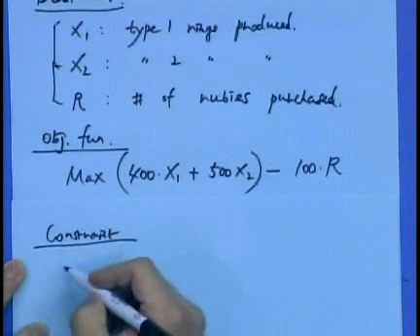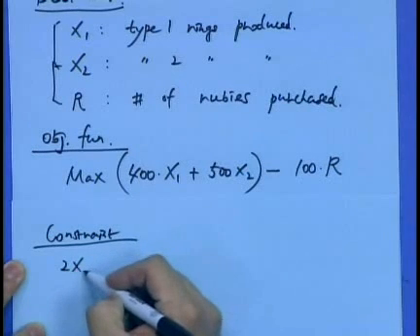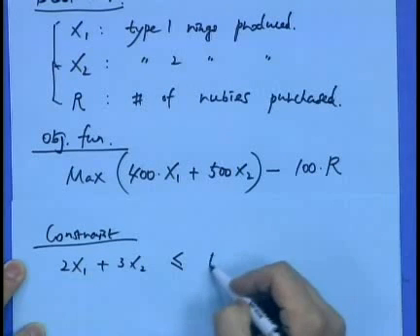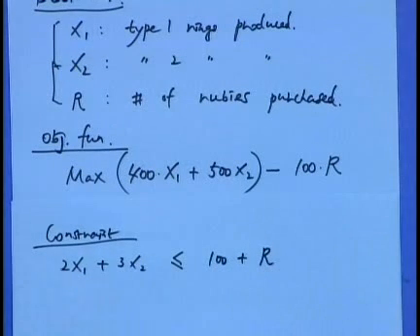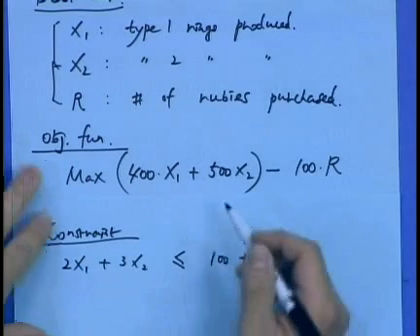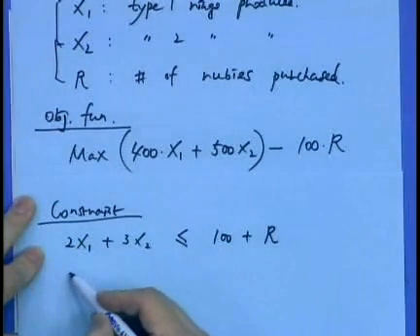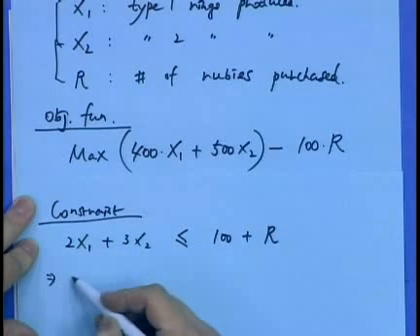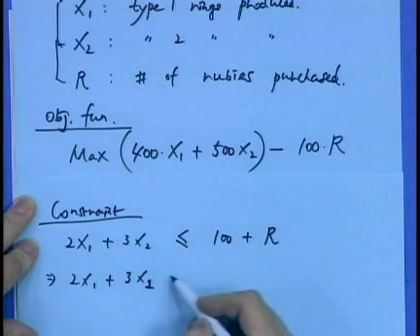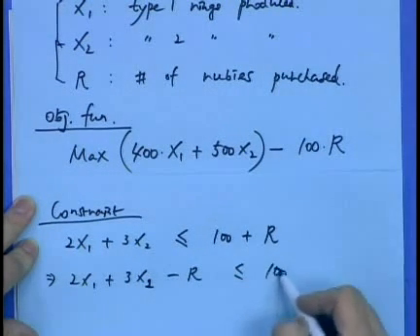That's why the first constraint is 2 times X1 plus 3 times X2 is less than or equal to 100 plus the number of rubies purchased. Of course, for Lindo input, every decision variable should be on the left-hand side. So we may rewrite this constraint as 2X1 plus 3X2 minus R is less than or equal to 100. Okay?